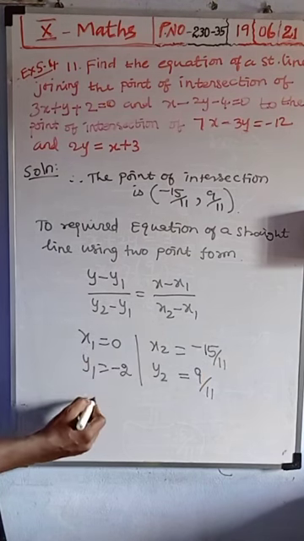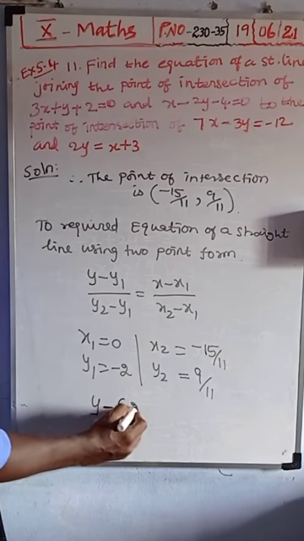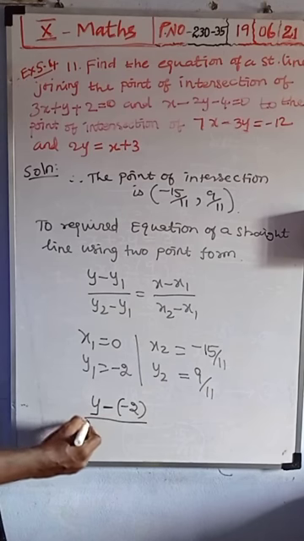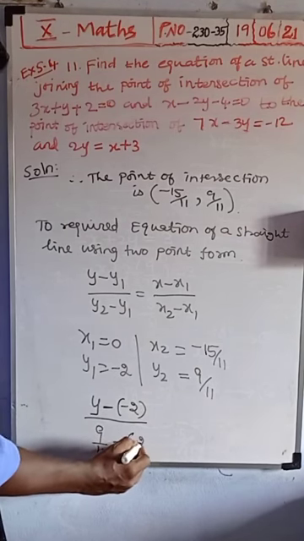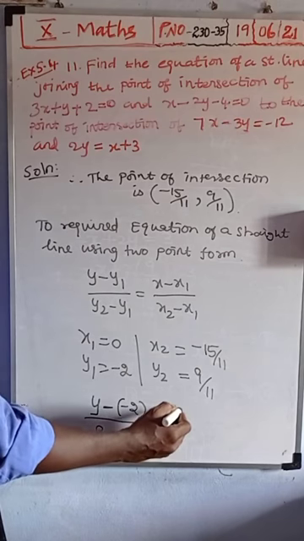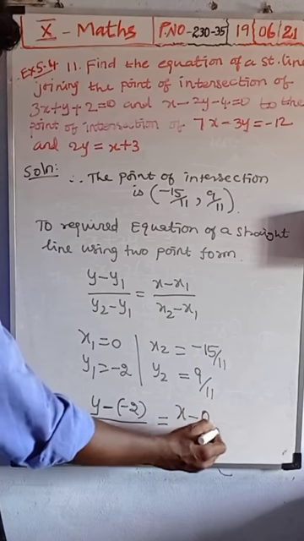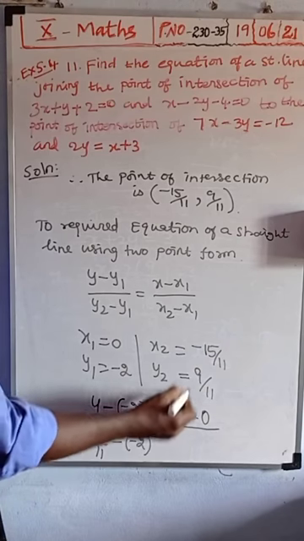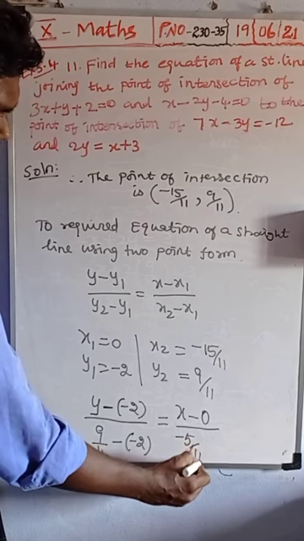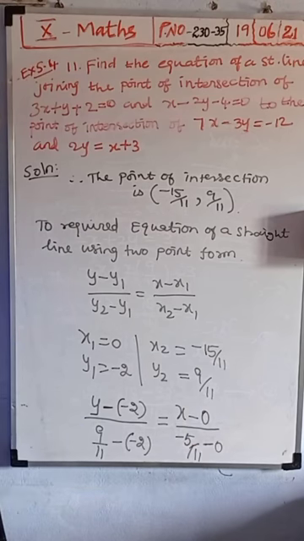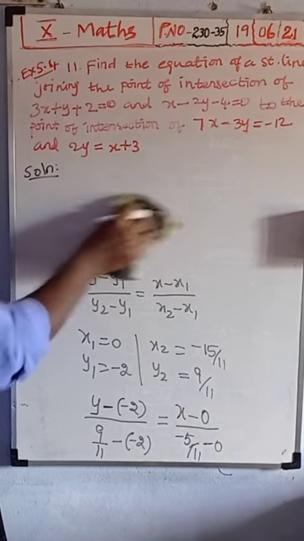So y minus y1, minus 2, divided by y2, 9 by 11 minus of minus 2, is equal to x minus x1 0 divided by x2 minus 15 by 11 minus 0. Okay. Now simplify, you will get it as an equation.